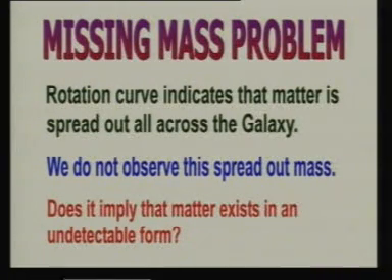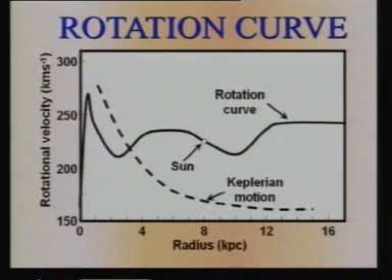So let me explain this missing mass again. If we assume the whole mass of the galaxy to be concentrated at the center, and we take those values of A and B and the distance of the sun from the center of the galaxy, then the mass of the galaxy turns out to be something like 2 times 10 to the power 11 solar masses. But now look at the rotation curve.